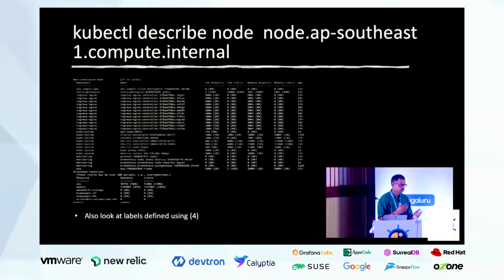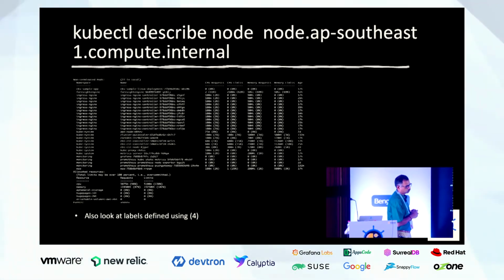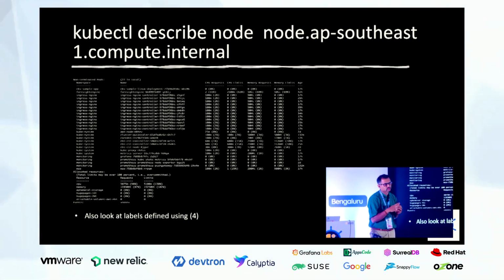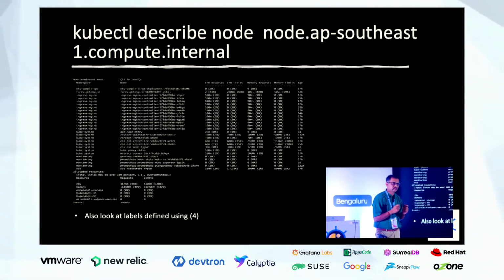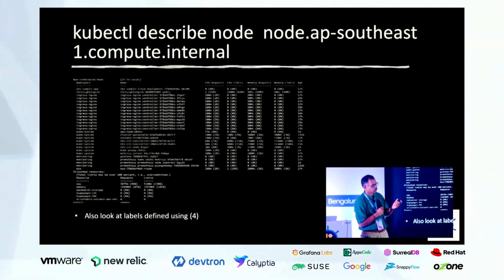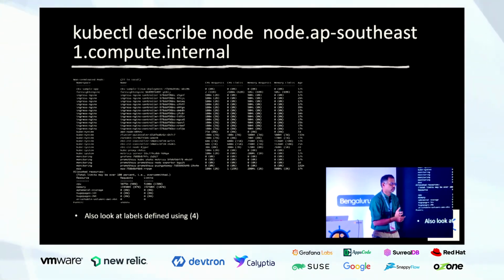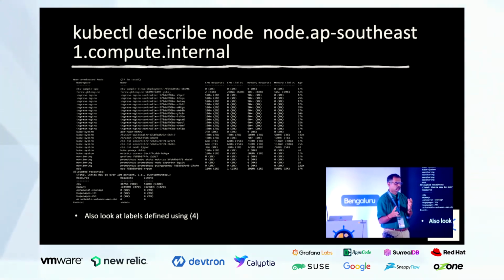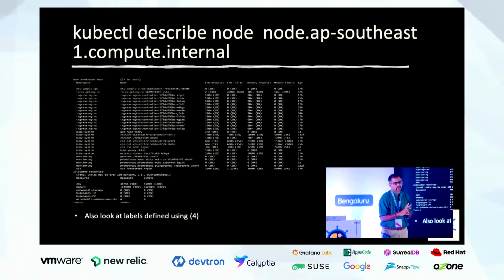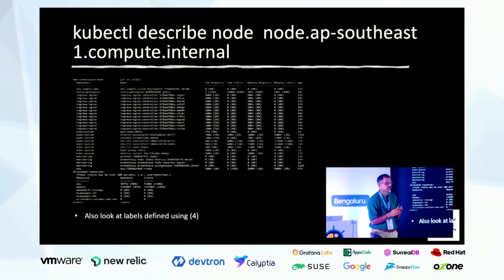The other part is looking at what we have in terms of labels. I think labels become a very interesting part, because they help us in a lot of ways in reducing cost. When you look at the cloud itself, or cloud native like AWS, there are a lot of options where you can put labels.